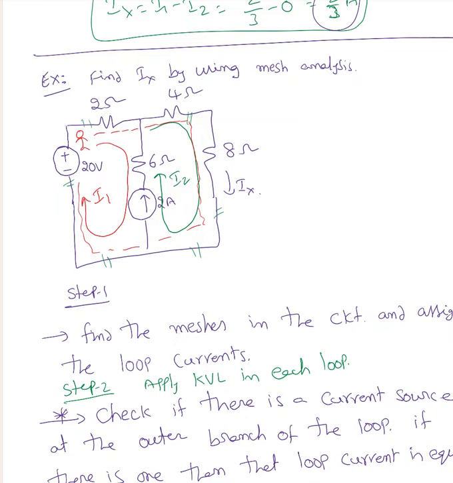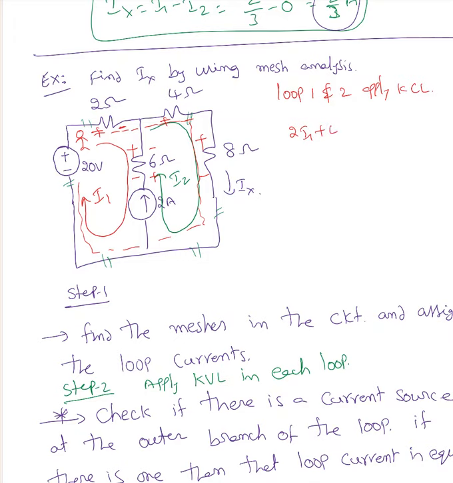So it's going to be loops 1 and 2, applying KVL. Before applying it, make sure you assign positive and negative signs according to the current direction. According to my I1 direction, this is plus minus, this is plus minus. According to my I2 direction, plus minus, plus minus. But anyway, the 6 ohms doesn't matter for us here. So loops 1 and 2, I'm going to start there.